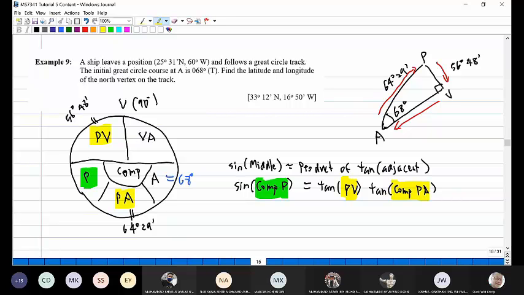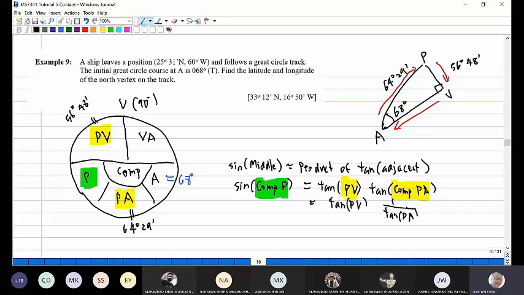But tangent co PA, we know that you can simplify. Of course, you use tangent of 90 minus PA, but I can simplify it to tangent PB times 1 over tangent PA. Okay, tangent co PA is 1 over tangent PA.